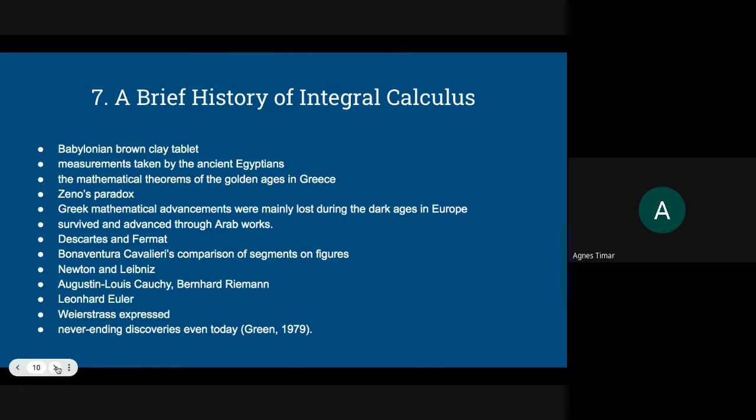Obviously, Achilles actually passes the tortoise, but they were not able to show that using mathematics. Later on, many very famous mathematicians, Descartes, Fermat, Newton, Leibniz, and so on, laid down the framework of calculus that we use today. However, it doesn't mean that integral calculus is done, because it has never-ending discoveries even today.